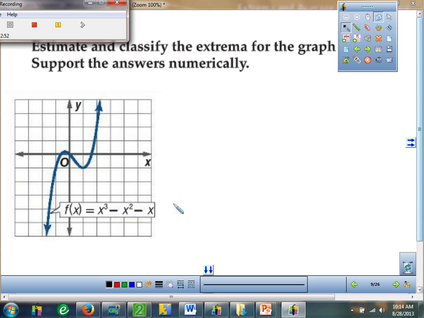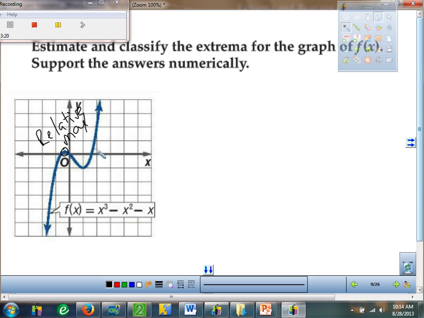Alright, so let's look at this one. There are no absolute max or mins because again our graph would keep going here and keep going here. So this point right here is going to be a relative maximum, because again we hit there and then we start going down.